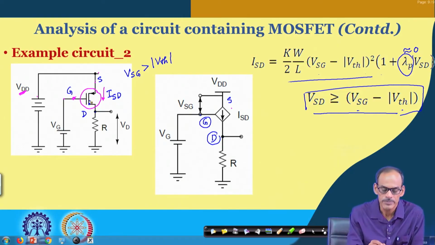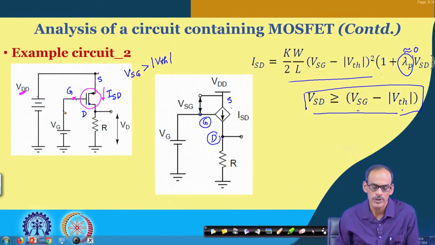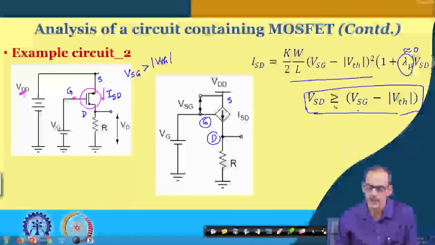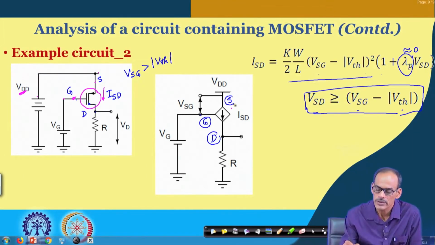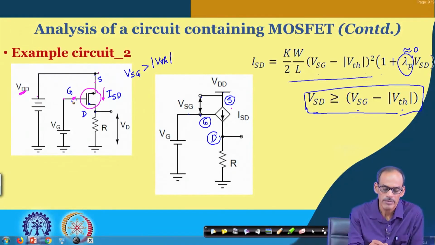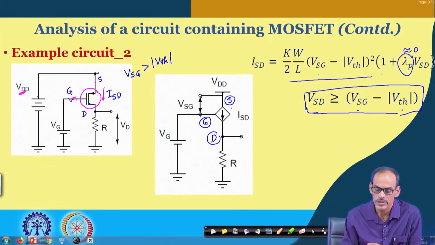In other words, the drain voltage should not be higher than the gate voltage by a margin of the magnitude of the threshold voltage. That is the condition we are writing here. And once this condition is satisfied, you can see what the VSG is, namely VDD minus VG. So, that is the VSG.